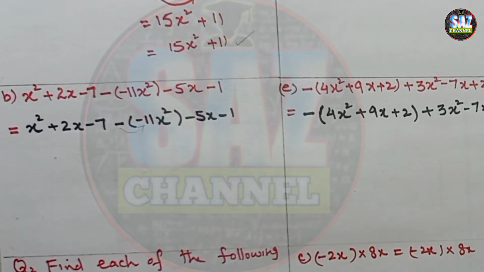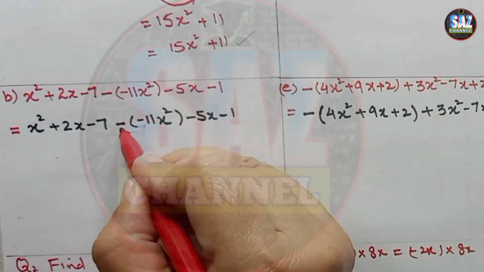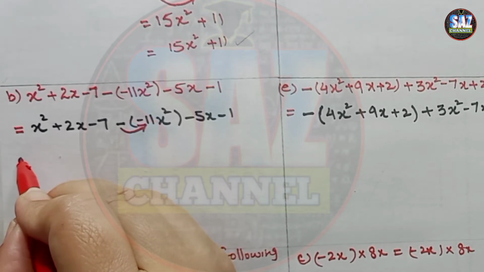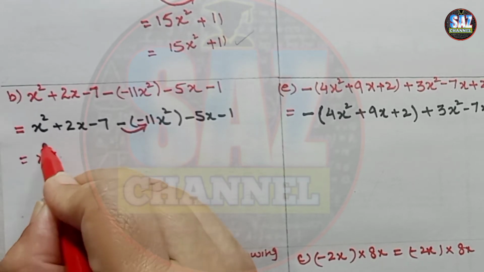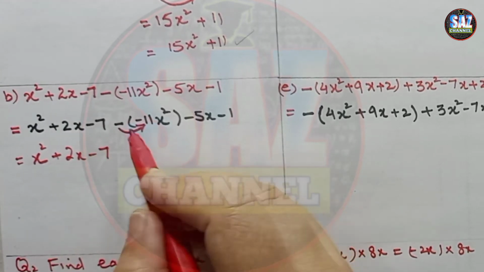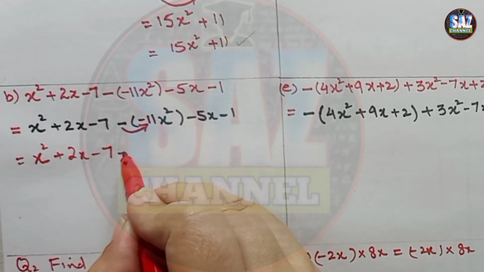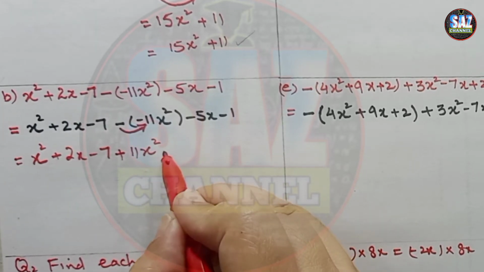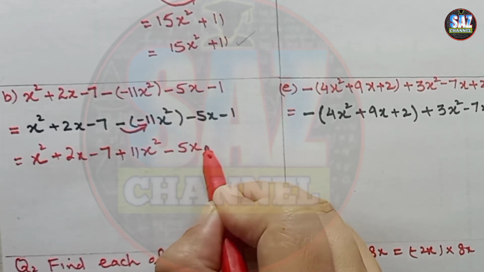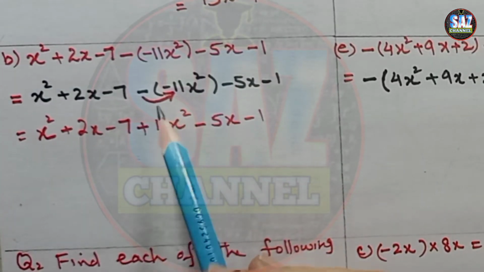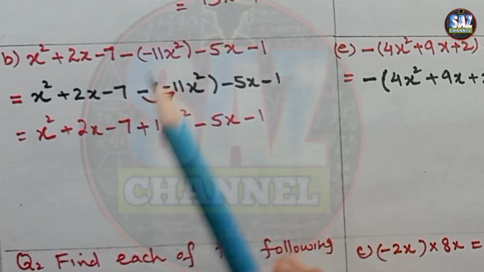First of all, we will be solving this portion of the question, and the question will take the form x square plus 2x minus 7, minus multiplied by minus is plus 11x square, and then minus 5x minus 1. Now at this stage we have removed this bracket, we have applied this minus sign.